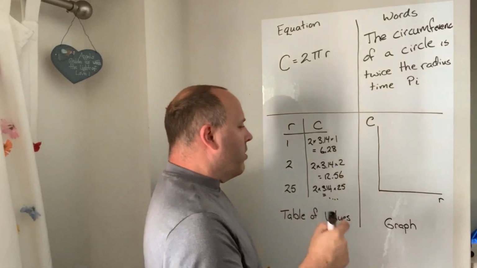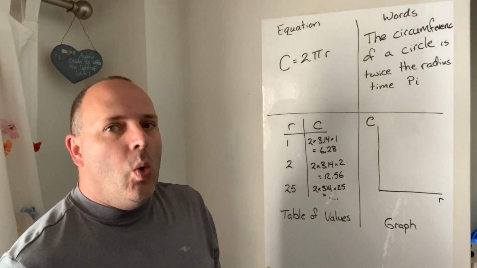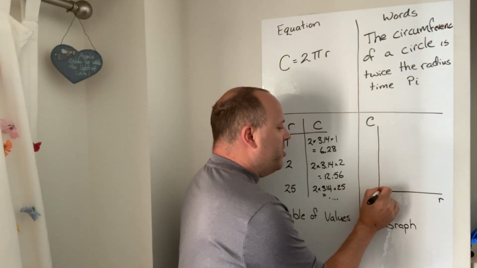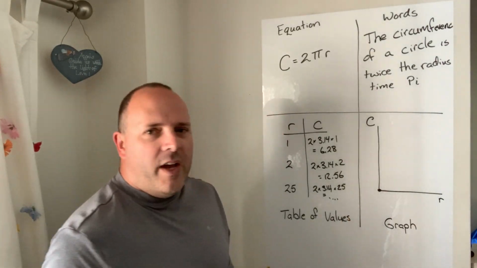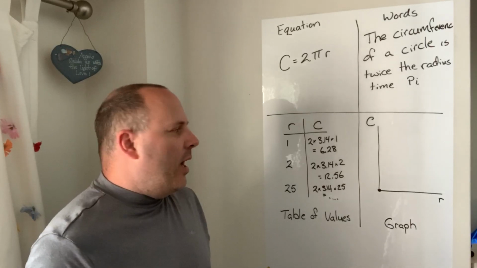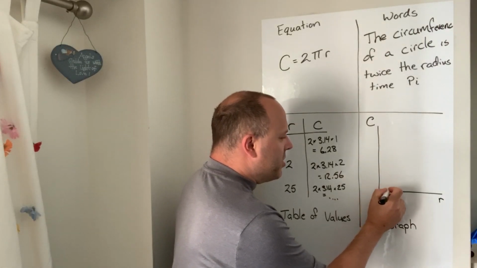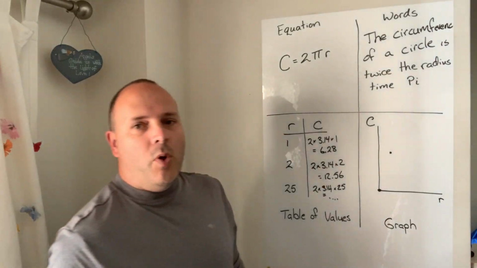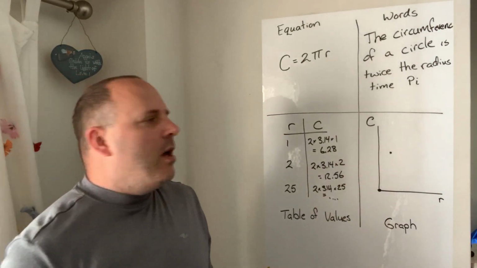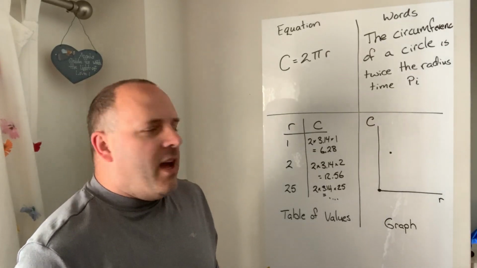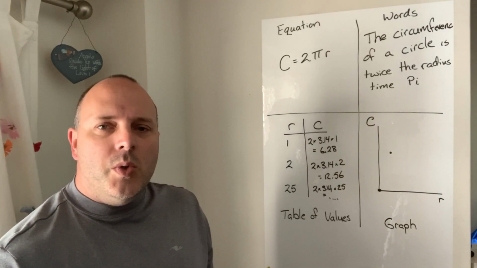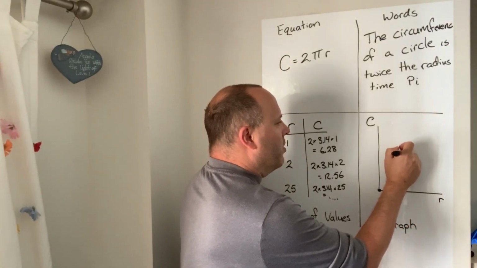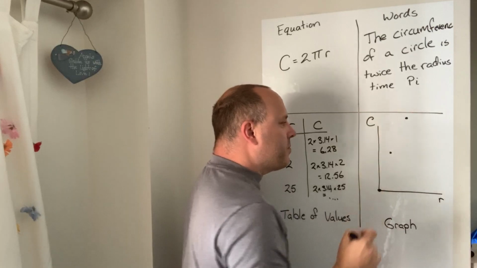So if I have a radius of 0, there's really no circle, so it would have a circumference of 0. If I have a radius of 1, I have a circumference of 6.28. Right? If I have a radius of 2, I get a circumference of 12.56. So about twice as high again.